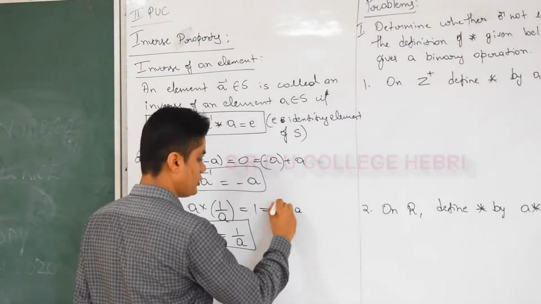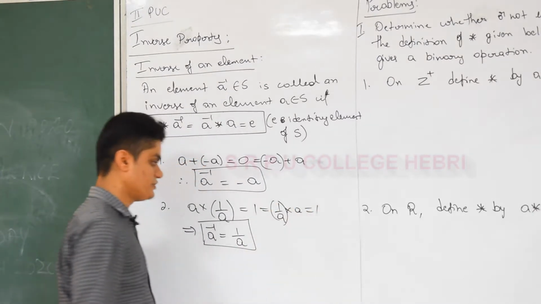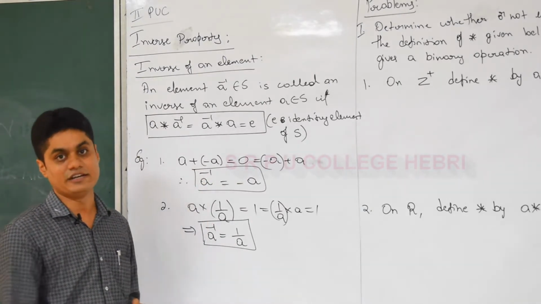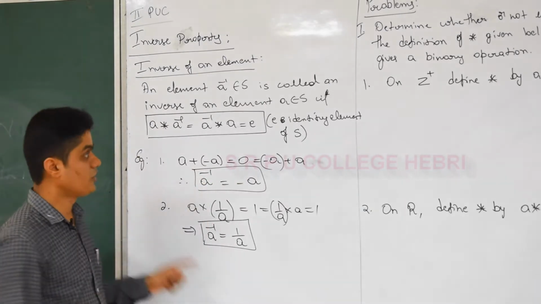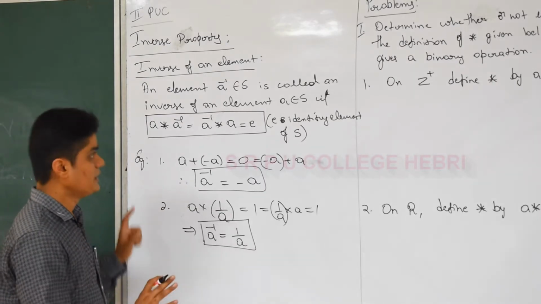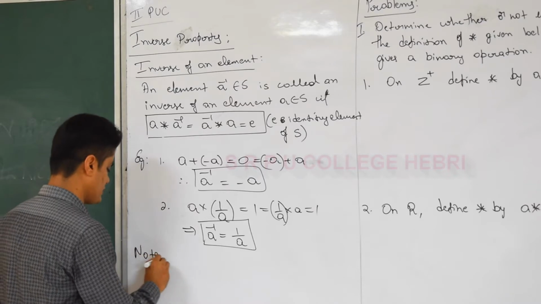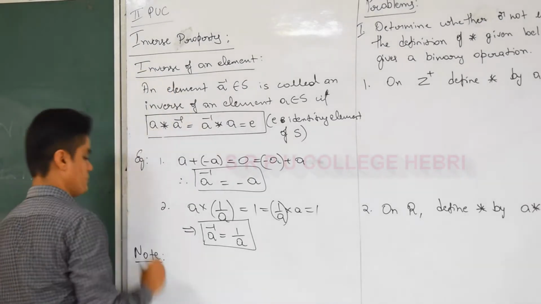We are going to solve problems later, don't worry, where you will find the inverse of an element when the operation is other than addition and multiplication. I hope this much you understood. Now I will give you a note which defines what I mean by the inverse property.